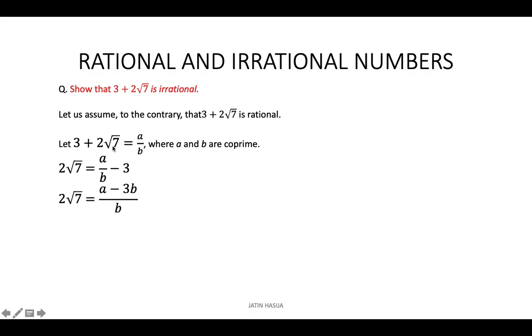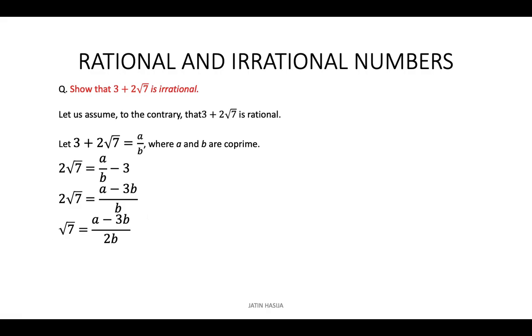Next step, by taking the LCM, we can have b as LCM. We can say this is a minus 3b upon b for 2 root 7. And 2 can be here also. In the next step, we will write this only, that root 7 is a minus 3b upon 2b.